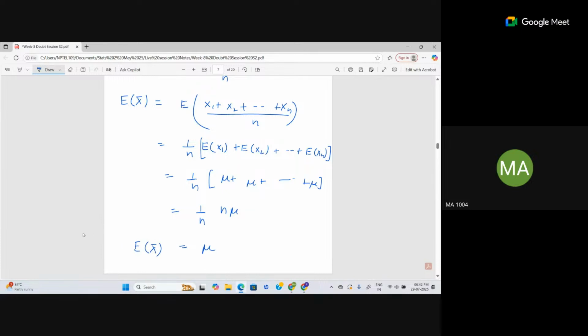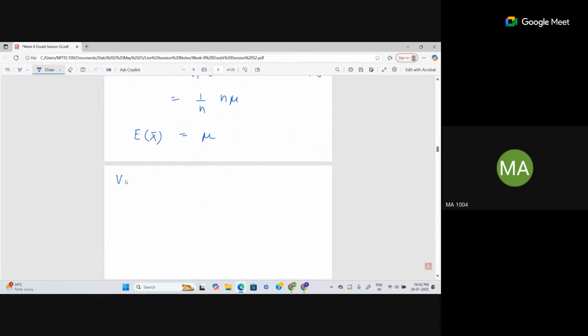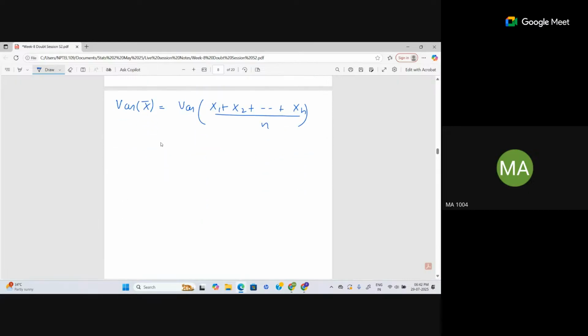Now we have to calculate the variance of x bar. So the variance of x bar is, again, put the value of it first. Now this is a constant and we are finding the variance, so this will become the square of 1 by n, that is 1 by n square. Now variance of x1 plus variance of x2.